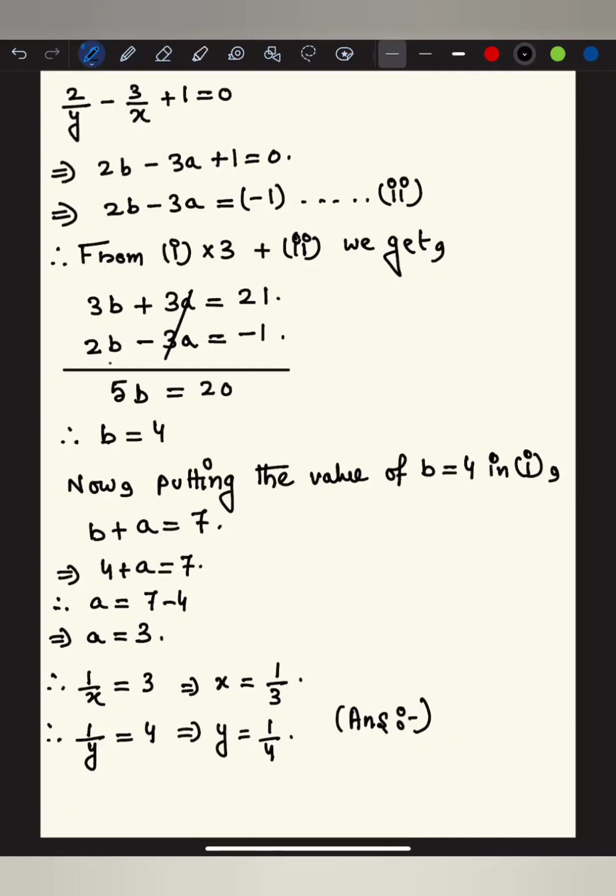So 3b plus 2b is 5b equals 21 plus minus 1, which equals 20. Got it? So 5b equals 20, therefore b equals 4.